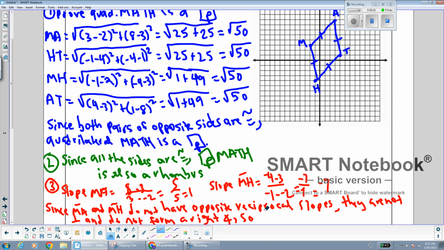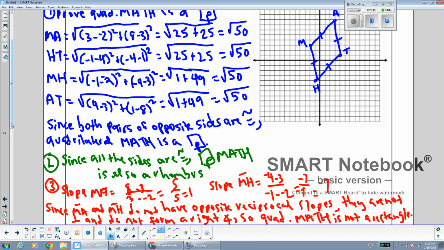So quadrilateral MATH is not a rectangle. Remember, if it were to be a rectangle, all four angles should be right angles. They should have opposite reciprocal slopes, any two sides next to each other.